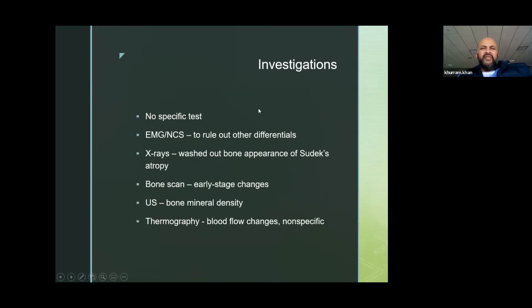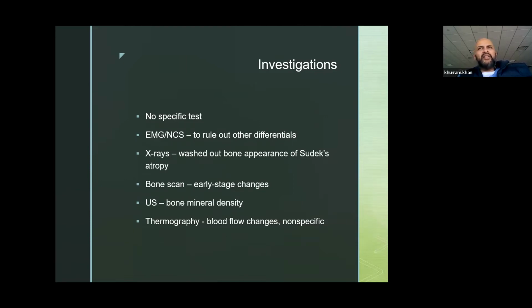Testing wise, no specific test is available. When these tests are being done, those are actually to rule out other differentials or see the stage of the CRPS, for example, in the bone scan or in the X-rays, to decide whether it's a chronic or the early onset, and thermography to just detect the blood flow changes.